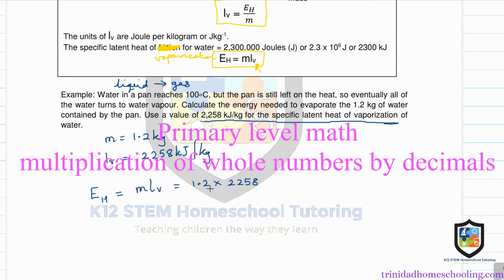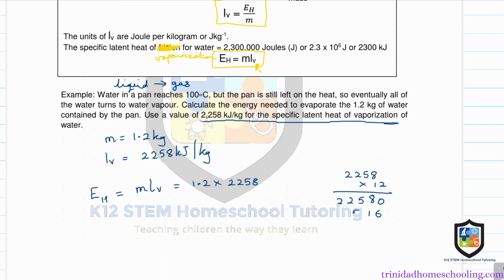2258. When we multiply, so primary level multiplication here by decimals, we don't need a calculator, we multiply without the decimal place, okay, and the answer that we get, we put back one decimal place here because of that there, right?